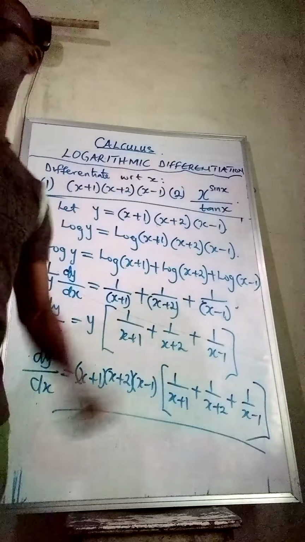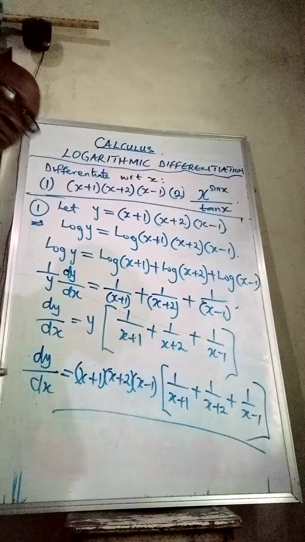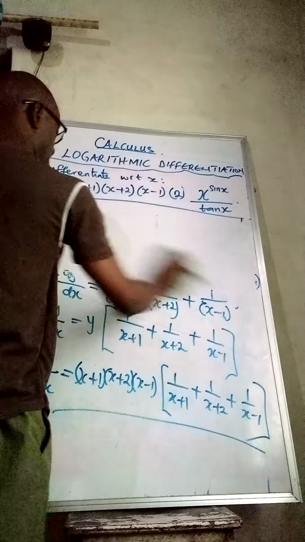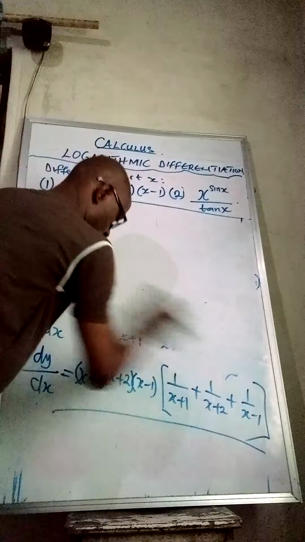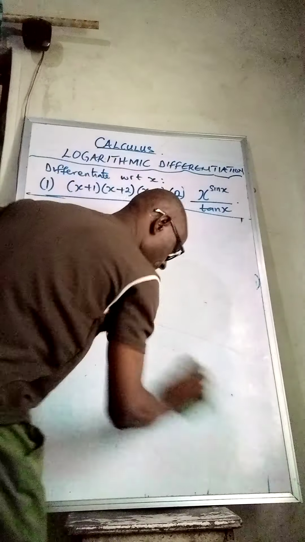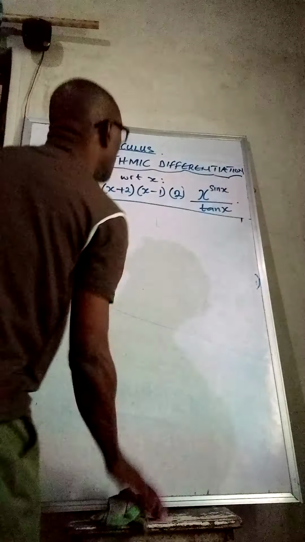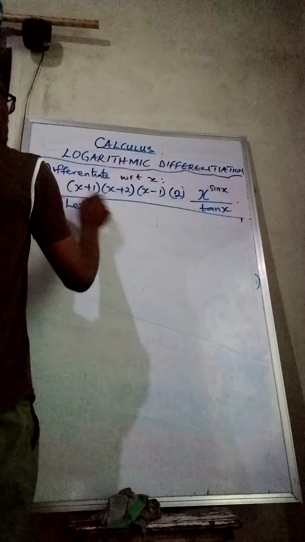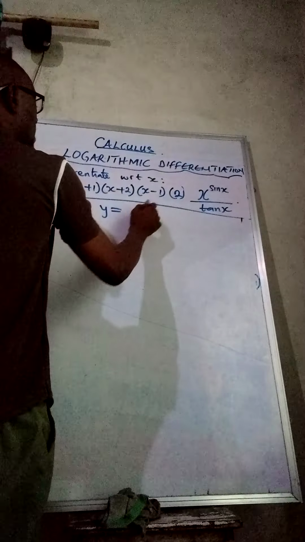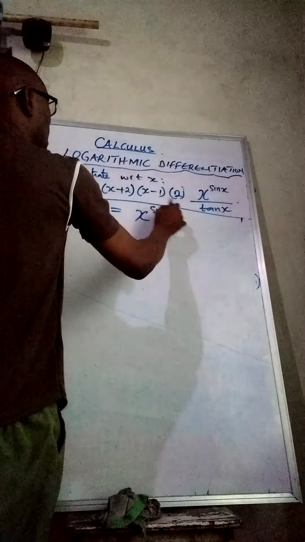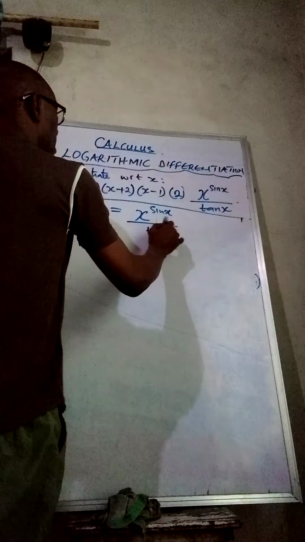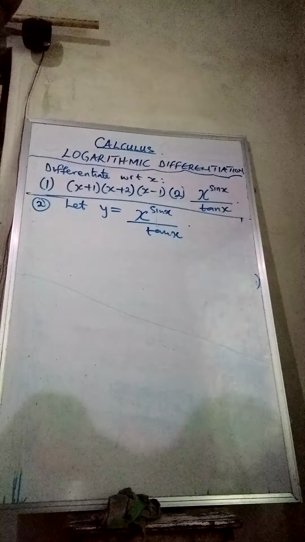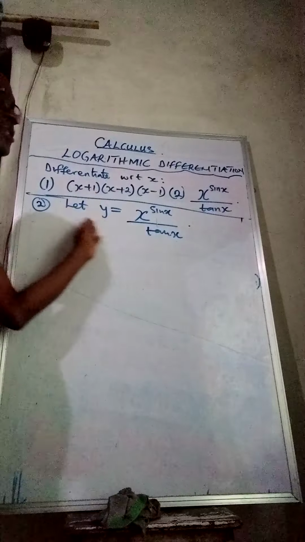Let's go for the second question. That's number 2. Let y equals x raised to power sine x over tan x. What do you do? All right, take the log of both sides.